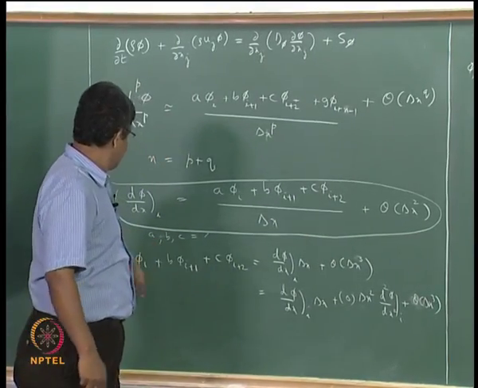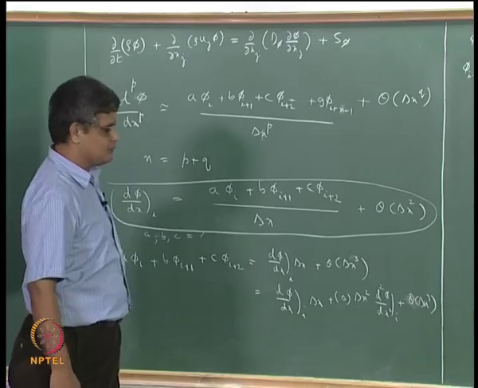So this is phi I plus 2 and this is phi I plus 1, and what we are looking at is a times phi I plus b times phi I plus 1 plus c times phi I plus 2.